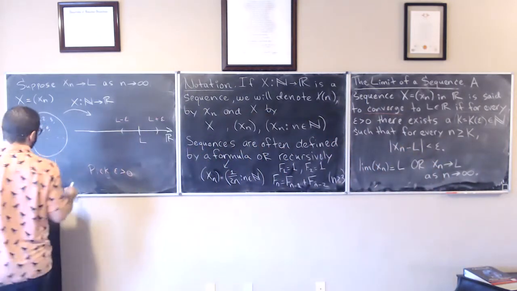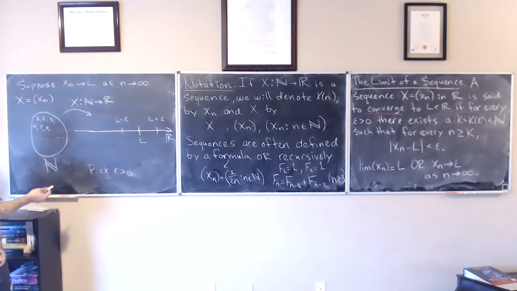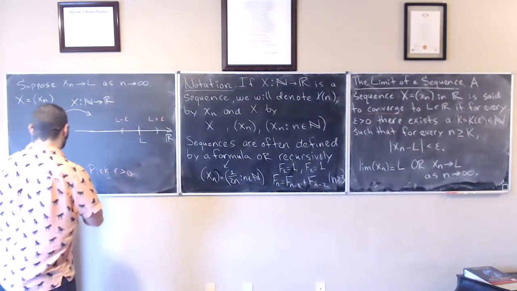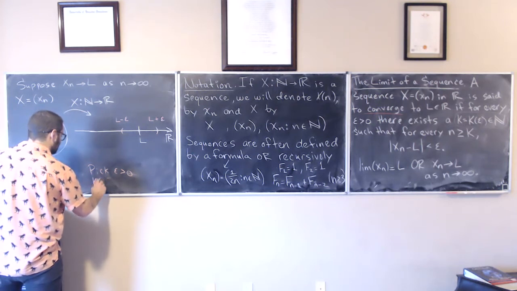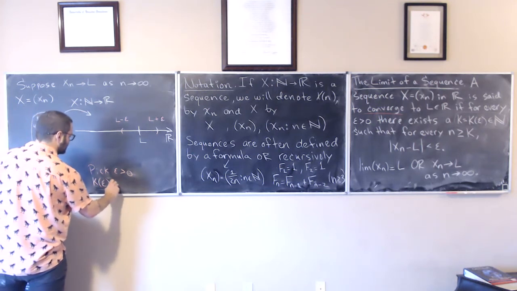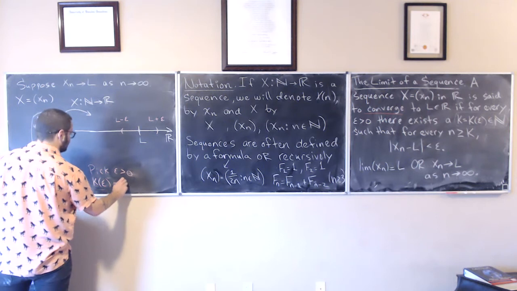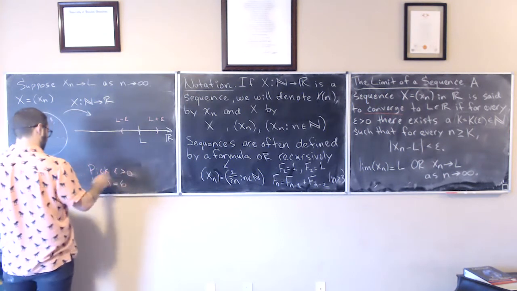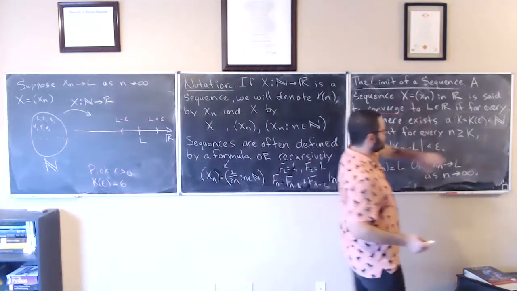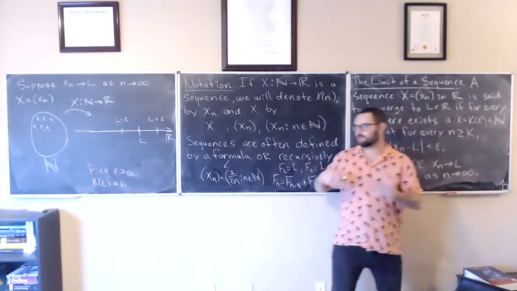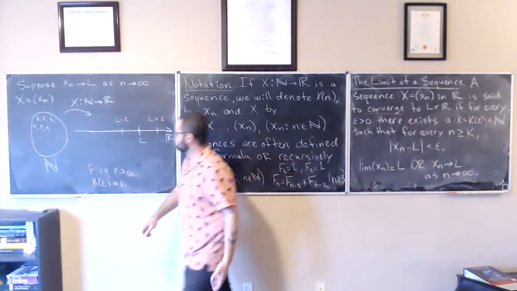So for example, let's suppose that the index for epsilon that we get is 6. So there has to exist some index, and I guess it would be 6.